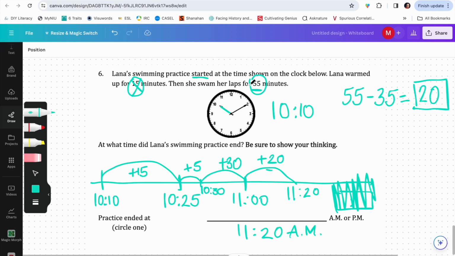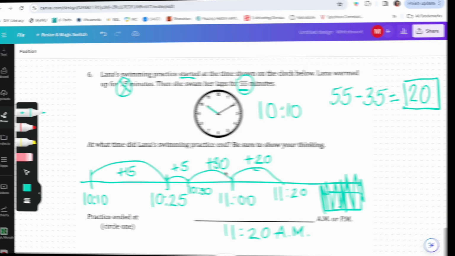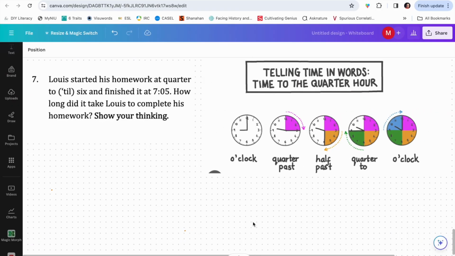So you can break 55 up into a few different ways. I think I had a really clever group that broke 55 up into 5 10s and a 5. It's totally up to you, as long as you're showing your number line with the times and the amounts that you're hopping around above. Okay, my friends, we're going to move on to number 7.